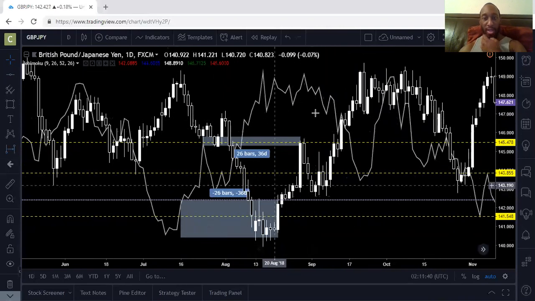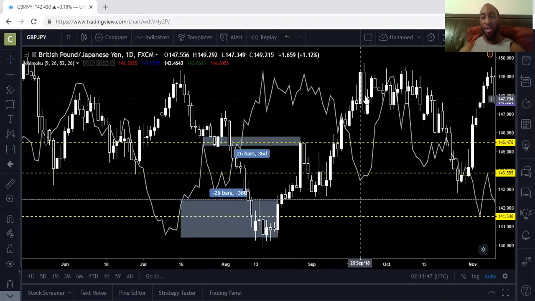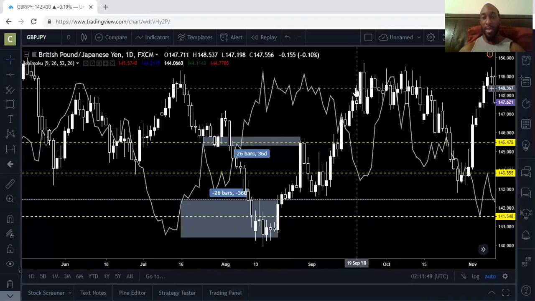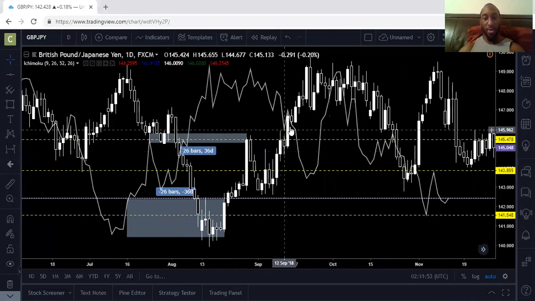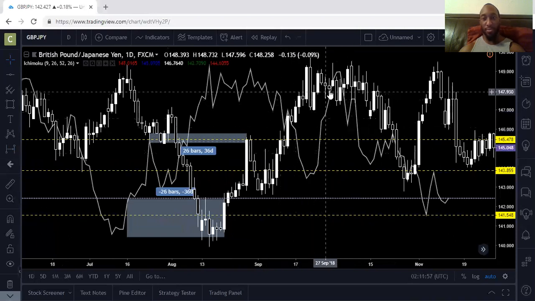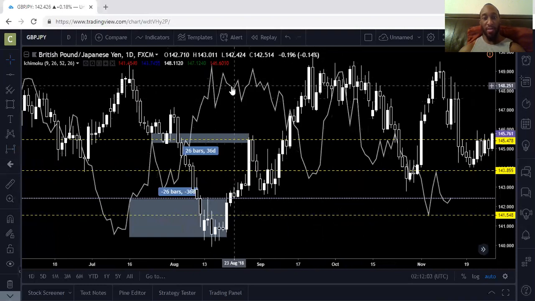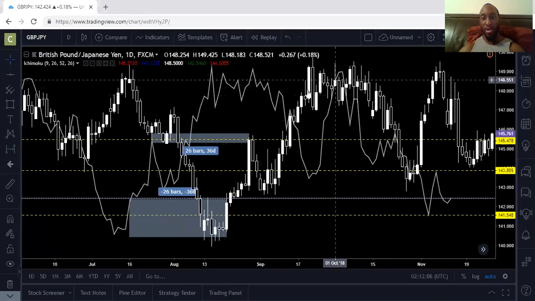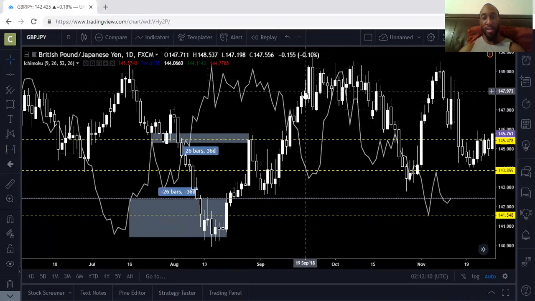Now, when you see that Chikou span is starting to get closer to the candles, that's a sign of the market reversing. Right here, you can see it started reversing. When you see it ranging like this, that's consolidation. It's just moving up and down really hard, with a lot more spikes involved.